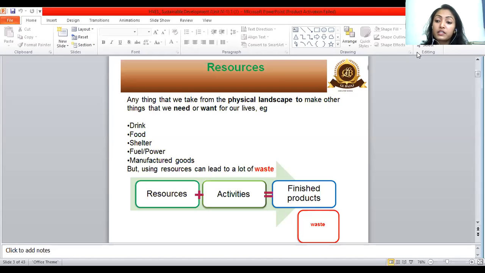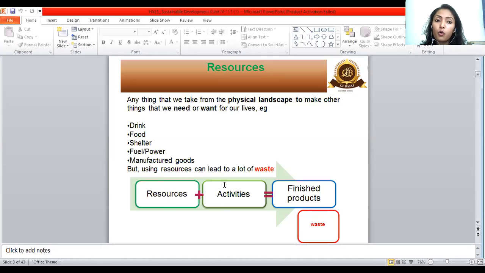Or if we talk about the chemical industry, if some processing is being done there, a lot of waste comes out from that industry as well. So there are three aspects whenever we receive some finished product. First of all, raw resources are depleted, consumed basically. Some process is included there, and then wastes come out from this process.